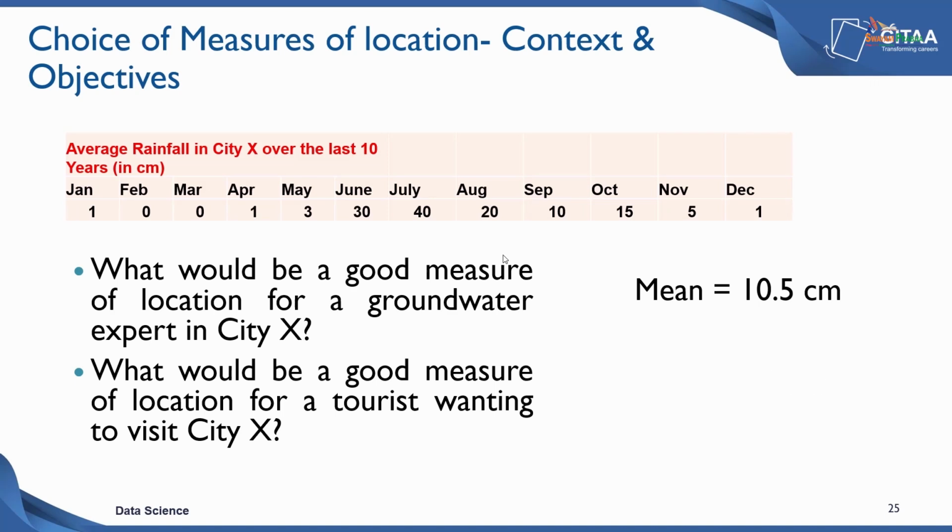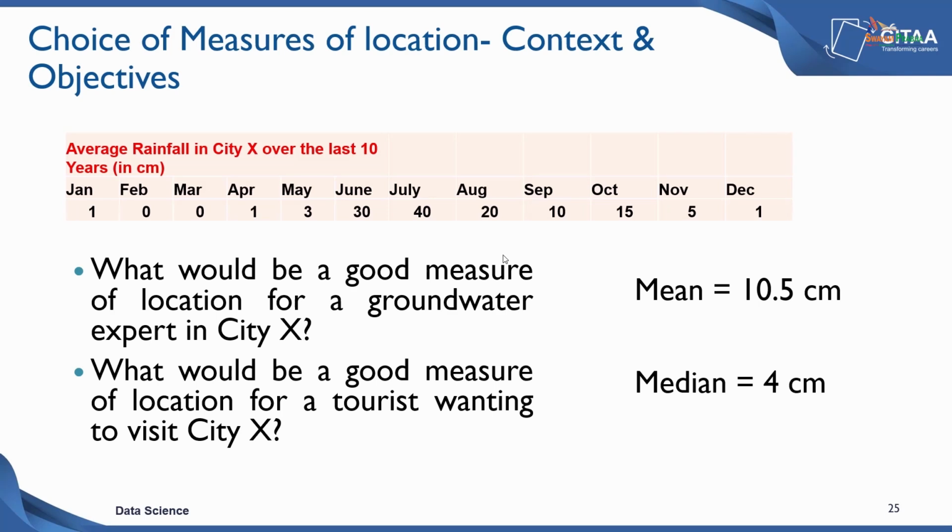So the measure that possibly is very useful to her could be the median, which essentially indicates that at least 6 months of the year the rainfall is likely to be less than 4 centimeters per month. So there are periods of a calendar year where the rainfall is much lower than 4 centimeters.